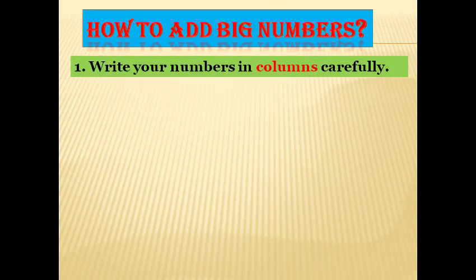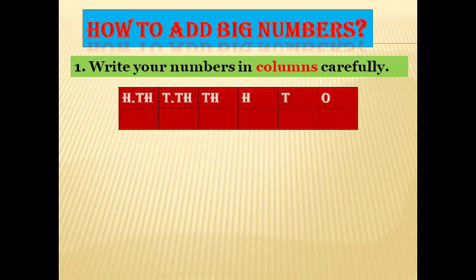Now, we will learn how to add big numbers. Number 1, write your numbers in columns carefully. Here is the place value chart: ones, tens, hundreds, thousands, ten thousands, hundred thousands.